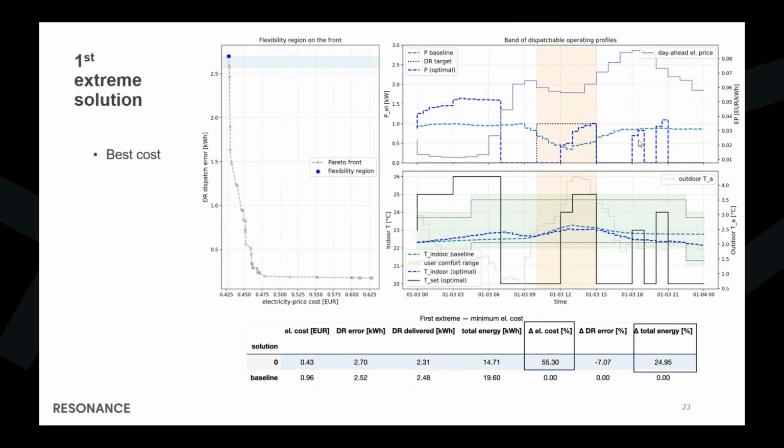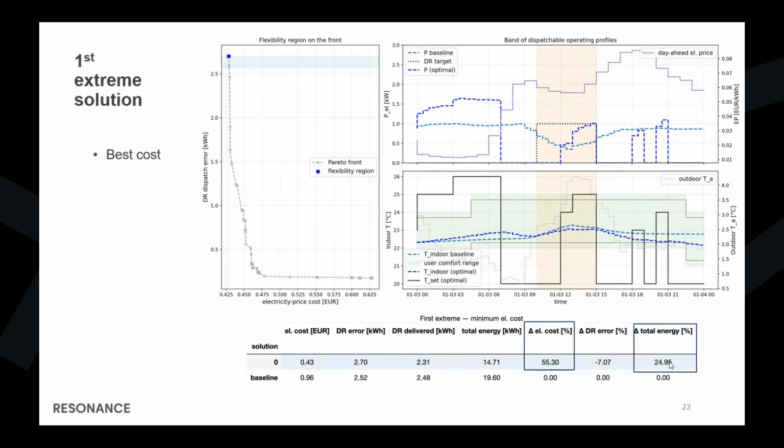Therefore, the heating activates. Now, if we want to turn this into numbers, this solution relative to the baseline solution decreased the electricity cost by 55%. And in terms of the total energy consumption, the optimized solution decreased the total energy consumption by almost 25%, which is quite a good improvement.